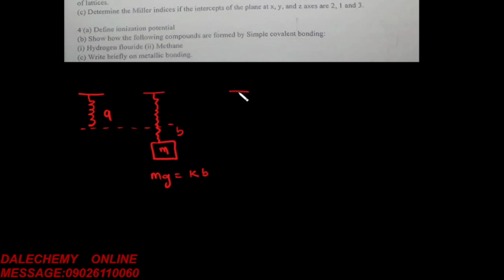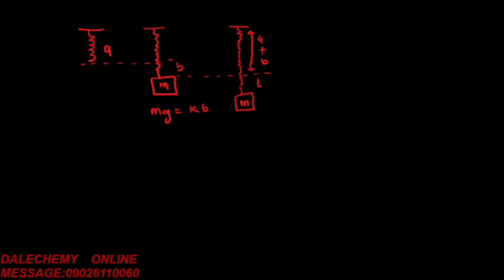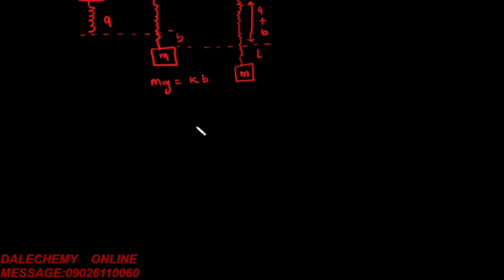But the moment you pull it down further, this is the equilibrium position now, but you pull it further by a particular length L. Remember, this will now be the sum of the natural length and this one, so that will be A plus B, then this L. So when you do this, according to Hooke's law, the restoring force will be minus k(b plus L).